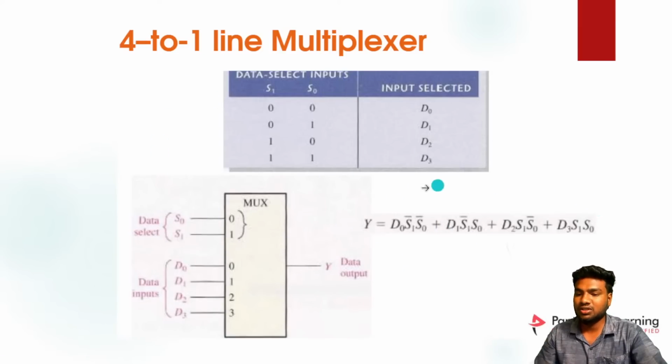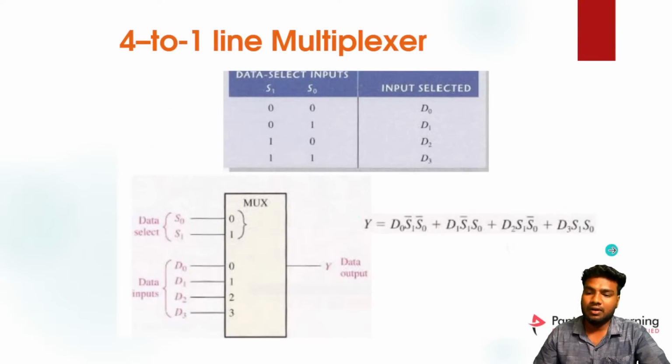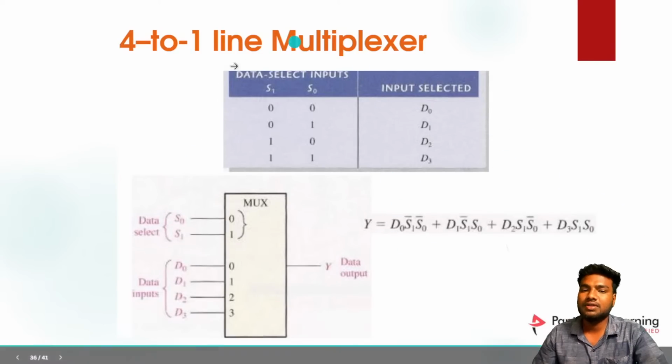By using this equation you can write the Verilog code with assign statements, but in your behavioral model we can write it without knowing this equation. You must know the behavior of this circuit.